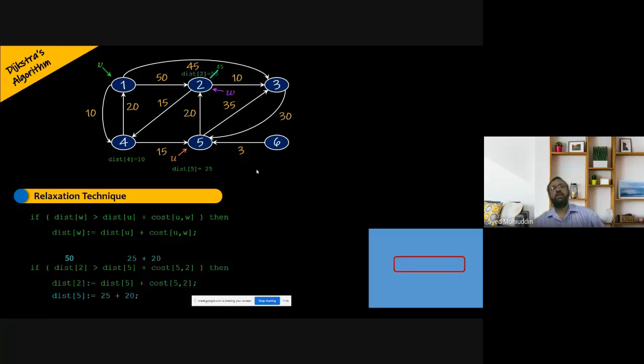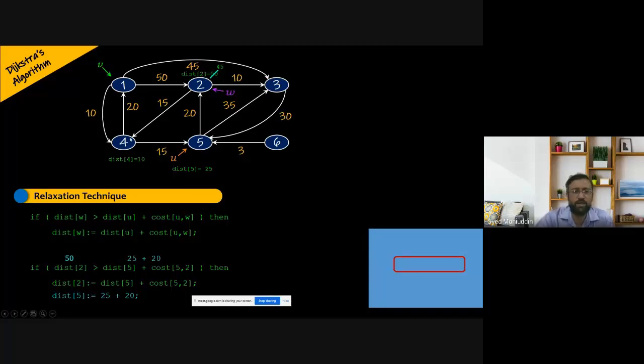That is, we try to relax the path here. So if we find a path which is less cost or which has the less distance, then we try to update it. Else we don't update it. If you don't find a path, or if you find a path which has the distance more, then there is no need to update.